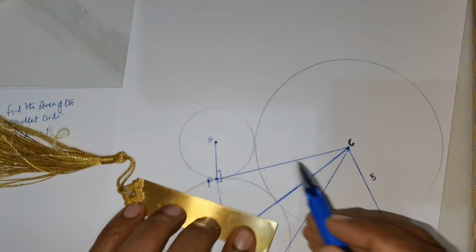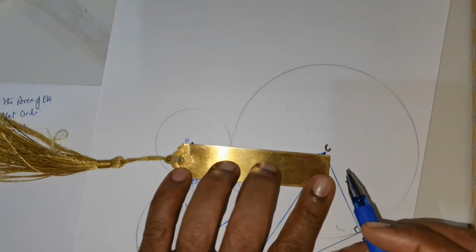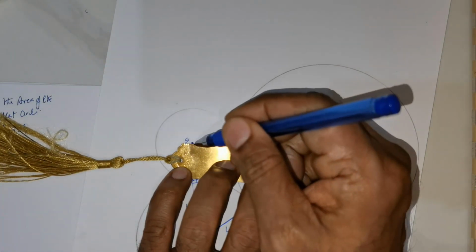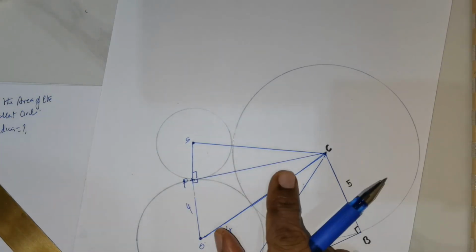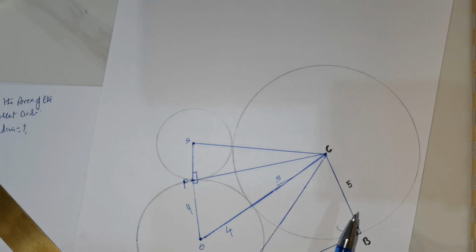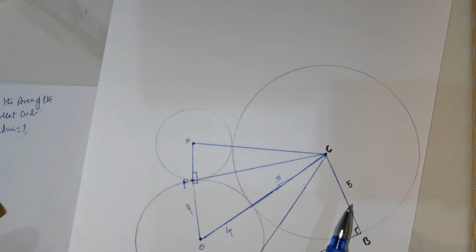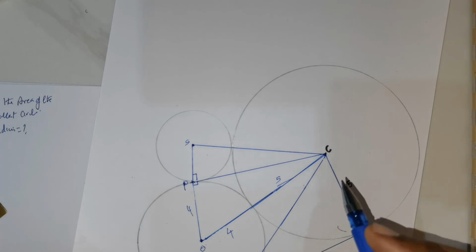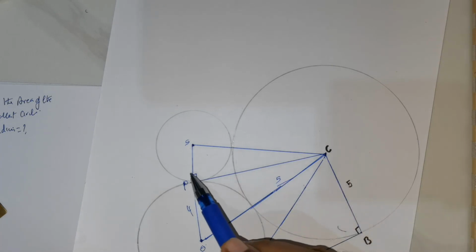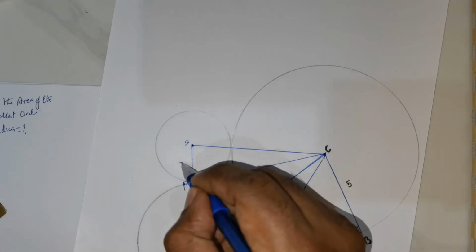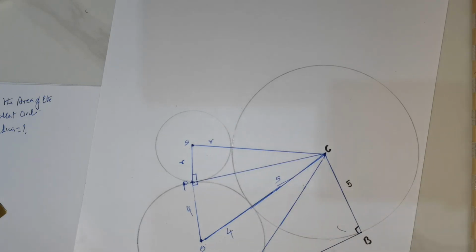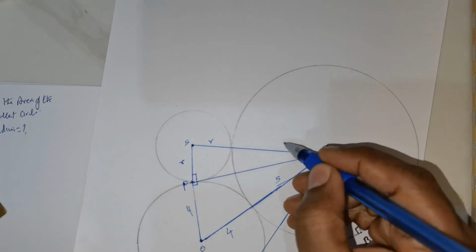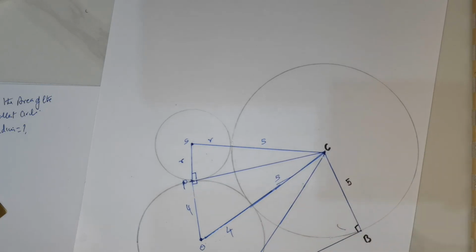Now since these two circles are in contact, I can connect their centers. So the centers are connected. So now I have the following triangle, and if I take this to be of radius R, then this is what is required. So this is R, this is R, and this length I know is 5 units.